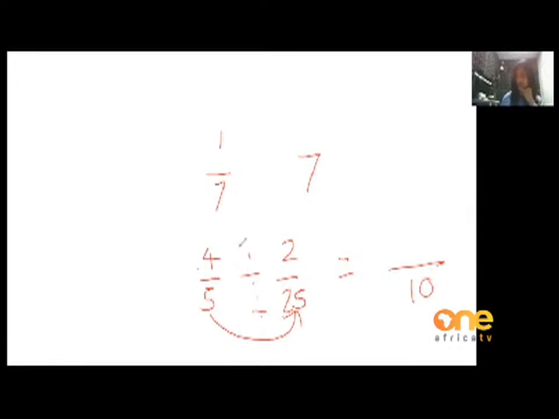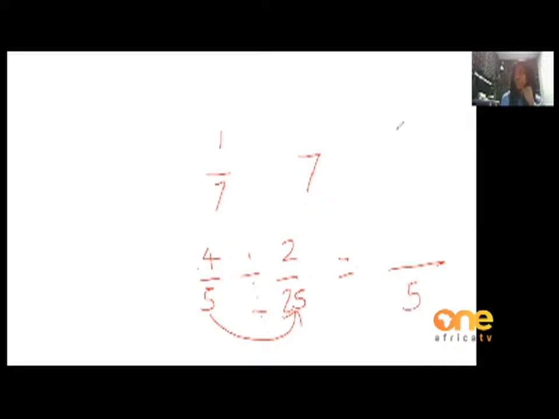Then what should I do? Yes, the next thing we do is swap it upside down. Sorry, first guys, I just want to clear this. I don't know why I wrote it; it's supposed to be 5.